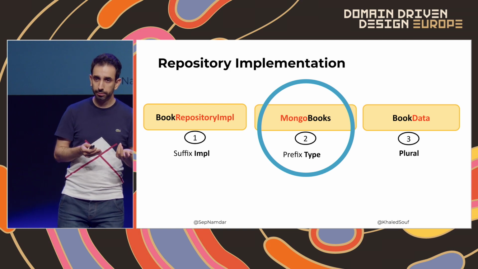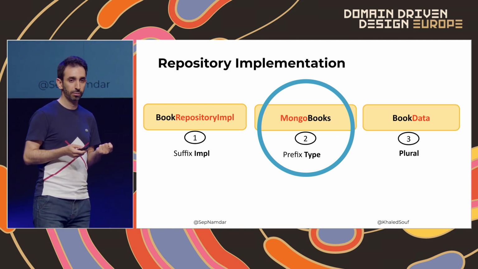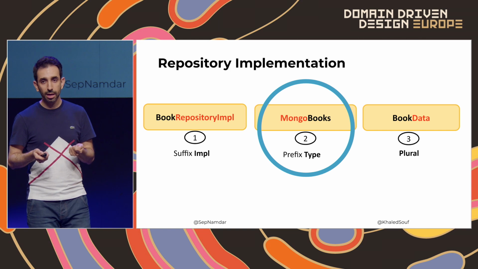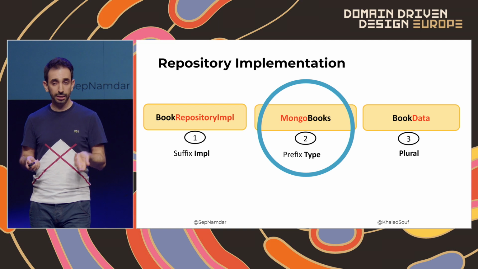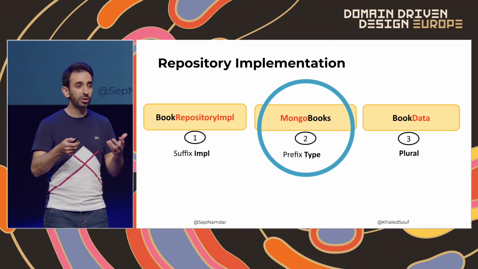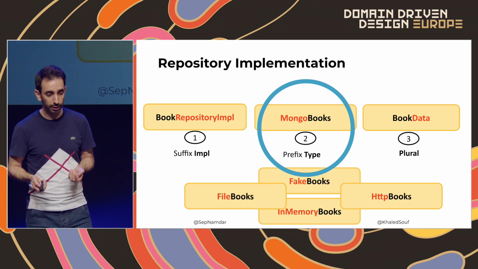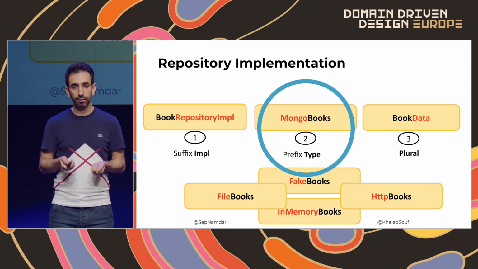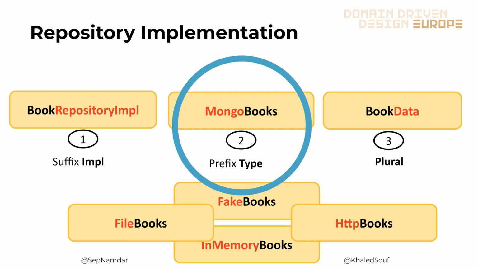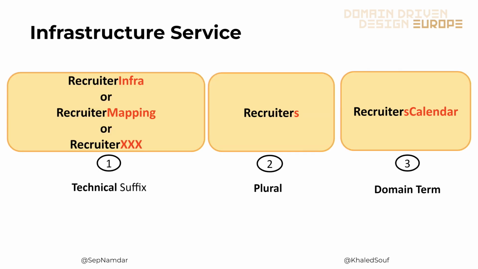By this naming, I can understand that when I open this class, I use Mongo as the database and I know which kind of code I'm supposed to see. Again, by this naming, I can create other implementations of my interface. For example, for my tests, I can use fake books. So I can understand that in this class, I have fake data, so I can use them for my tests.